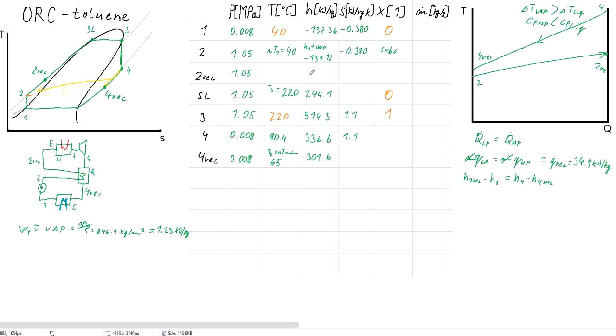So the point 2 recuperated will be at the enthalpy minus 131 plus 35, which is minus 96.2 kilojoules per kilogram.